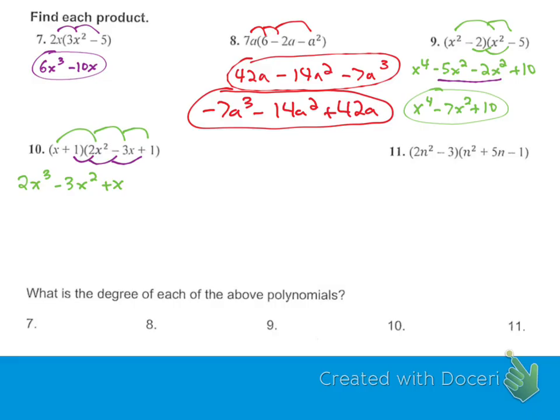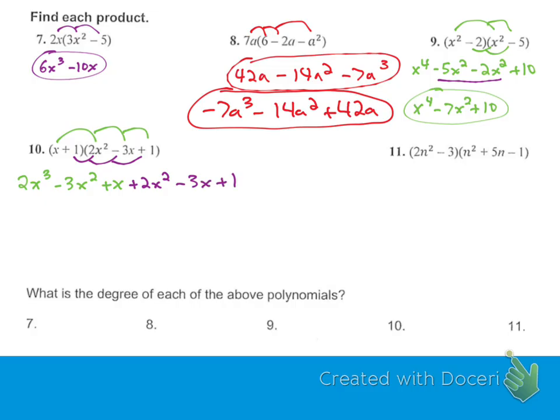It looks similar to foiling, except now you just have another term. When you multiply by 1, that just gives you 2x squared minus 3x plus 1.